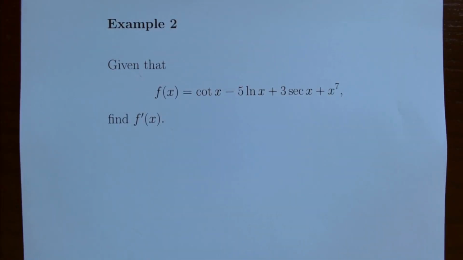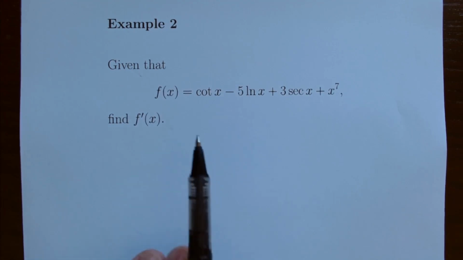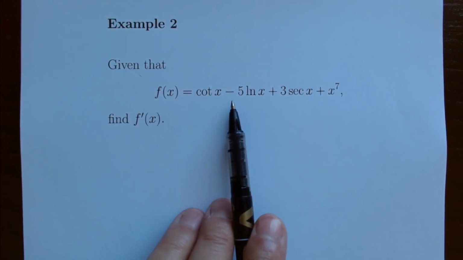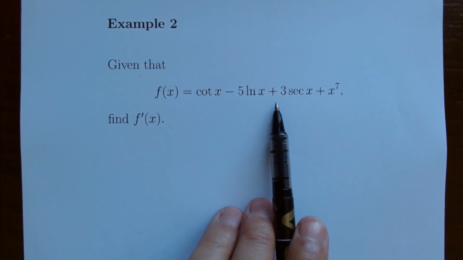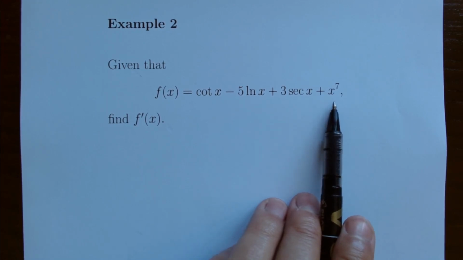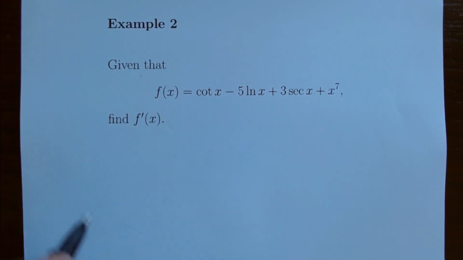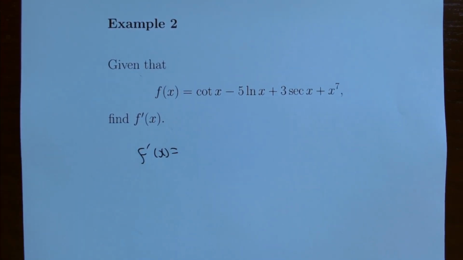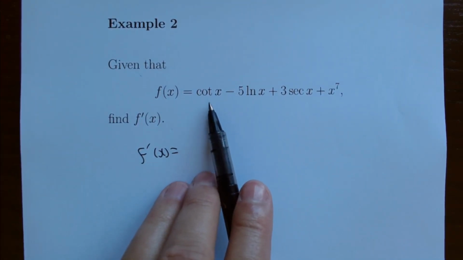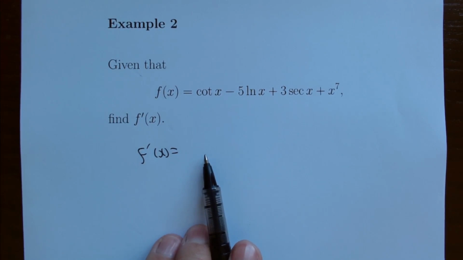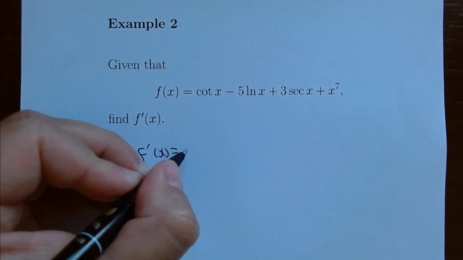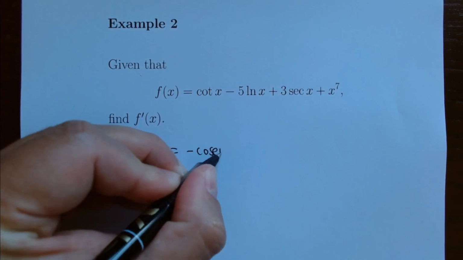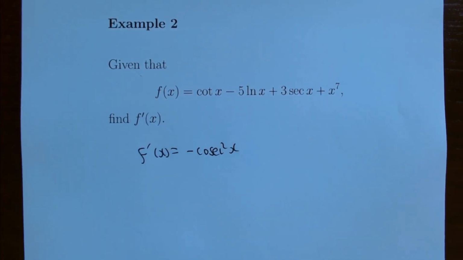Okay, example number 2. We're given a function f of x equals cot x minus 5 ln x plus 3 sec x plus x to the 7, and we need to differentiate it. So f dash of x, so cot x becomes negative cosec squared, so negative cosec squared x.